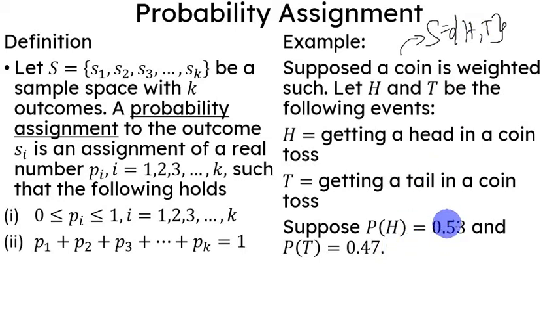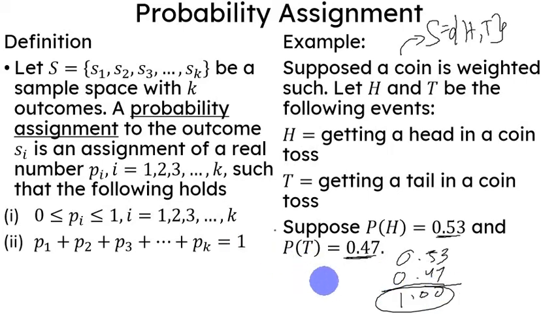The probability of getting a head is 0.53. The probability of getting a tail is 0.47. Both of them are in between 0 and 1. And if we add 0.53 plus 0.47, we actually have 1. So this follows the first and the second requirements.